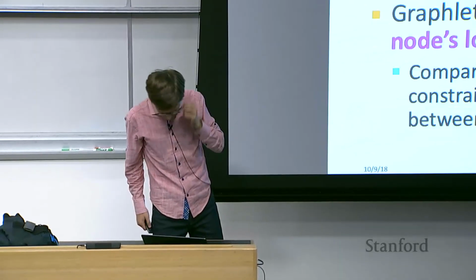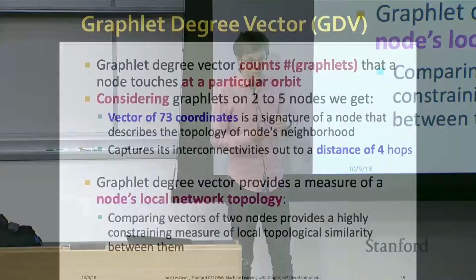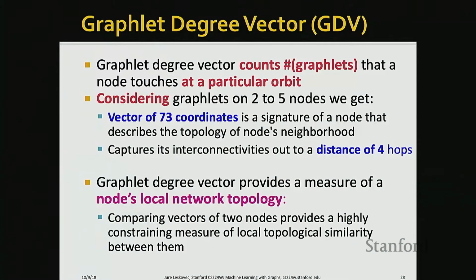Okay? So now I showed you how to generate this graphlet degree vector for a given vertex, right? And the graphlet degree vector just gives me the counts of the number of graphlets that the node touches at a particular orbit.